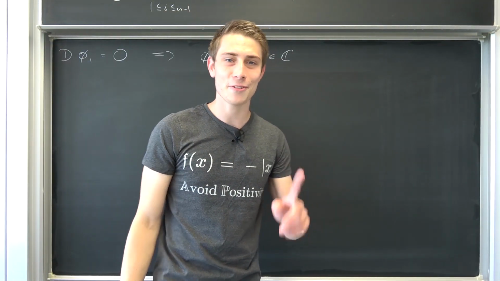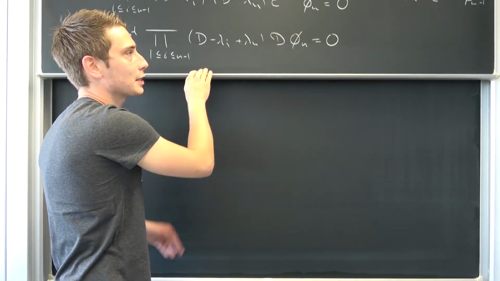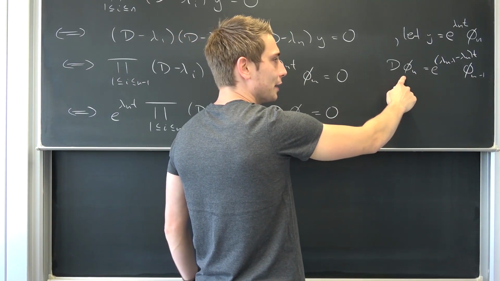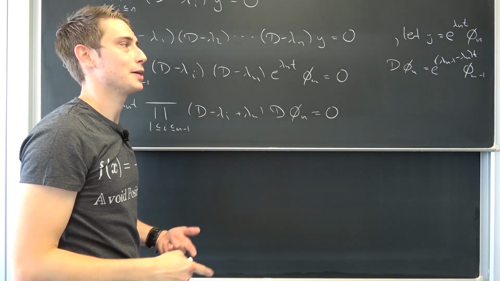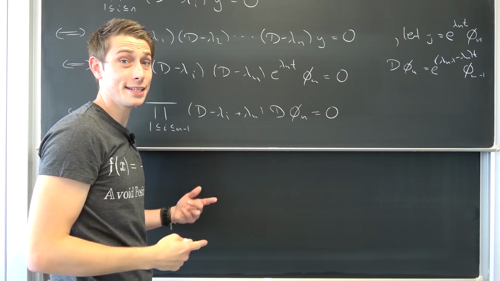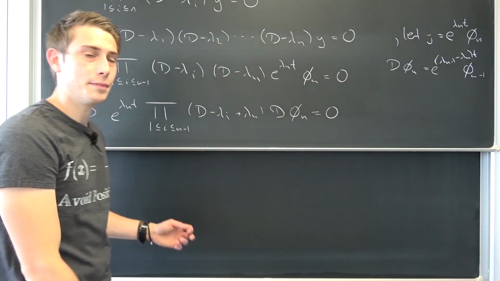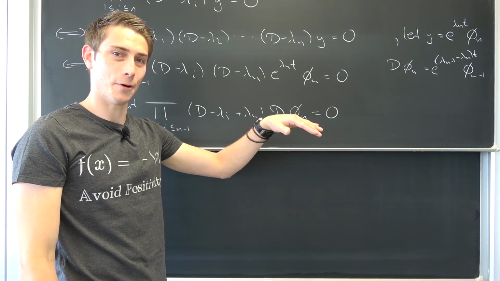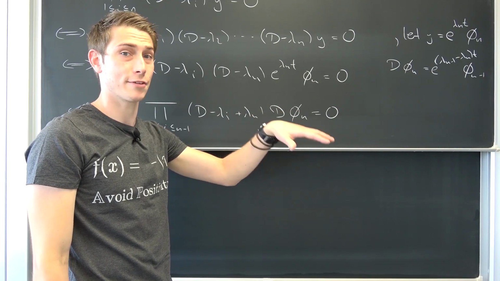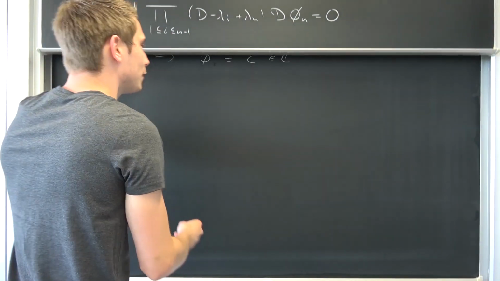Now, we have found out something really peculiar before. If we take a look at d phi n, this is nothing but e to the lambda n minus 1 minus lambda n times t times phi n minus 1, meaning we can go one step up. Okay, we are going to put everything in we have found out before. Now we are going to take a look at d phi 2.